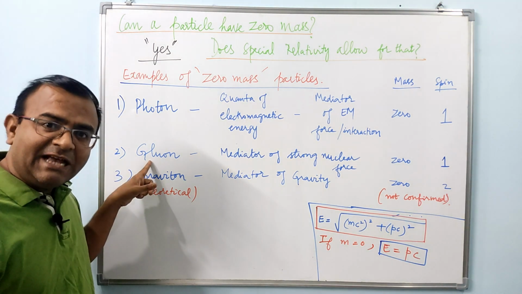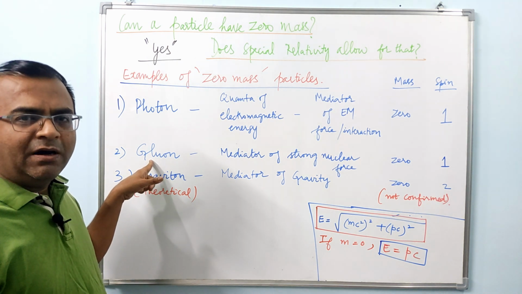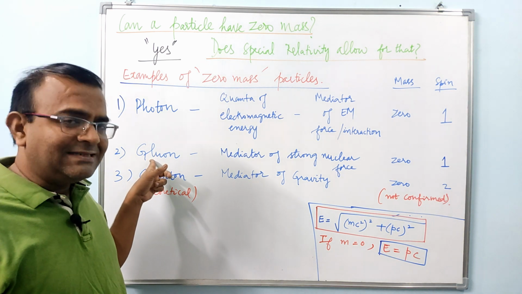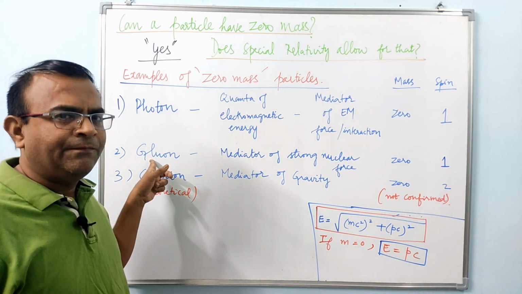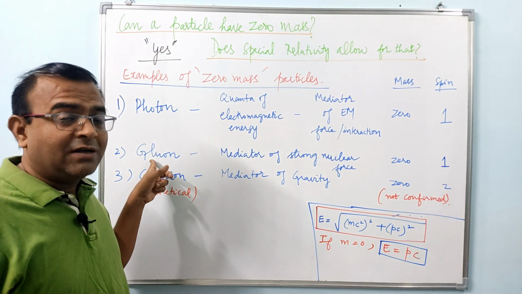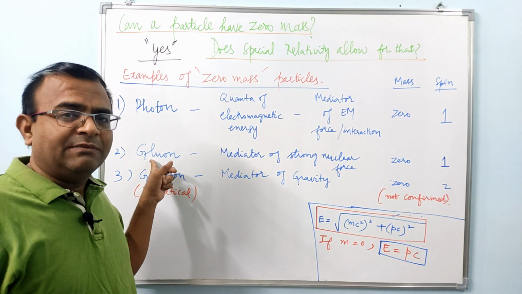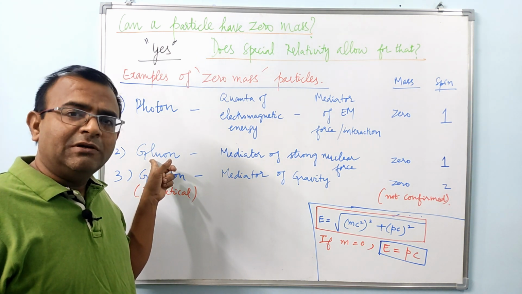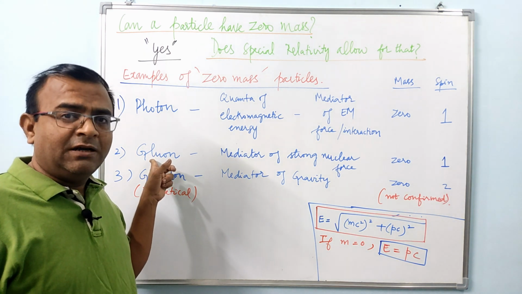Our next example is the gluon. A gluon is another boson, but it is a vector boson, and it is the mediator of the strong force between quarks inside the nucleus. The protons and neutrons within the nucleus are in turn made up of quarks.